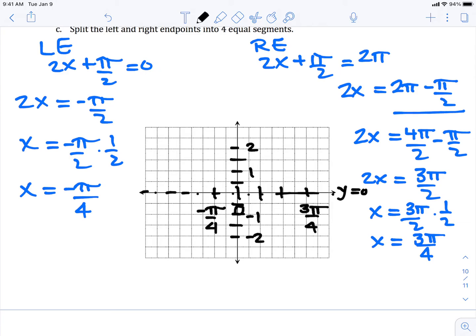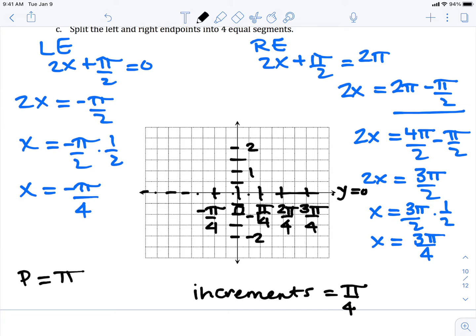This will be 0, pi over 4, 2 pi over 4, or pi over 2. So each of those increments is pi over 4. How you find that is the period is pi, and then you need to have 4 increments, so you divide that by 4.